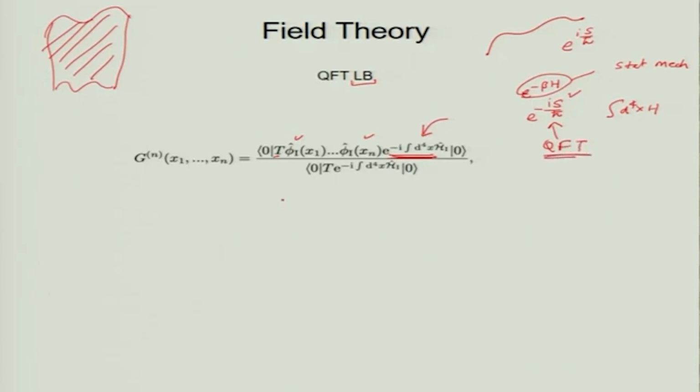So if you want to follow this scheme for computing the Green's function or correlation, then we need to compute in the following manner. This is the time-ordered product of these field operators and the probability. What is the probability for statistical field theory? It is e to the power minus beta E divided by Z, the partition function.